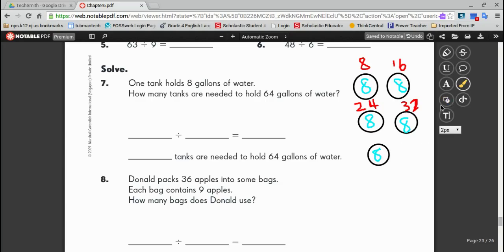And that would be 40. I need another 8. So again, 8, 16, 24, 32, 40, 48. Still not there. Another 8. And let's double check this through again because I drew 2 more 8s.